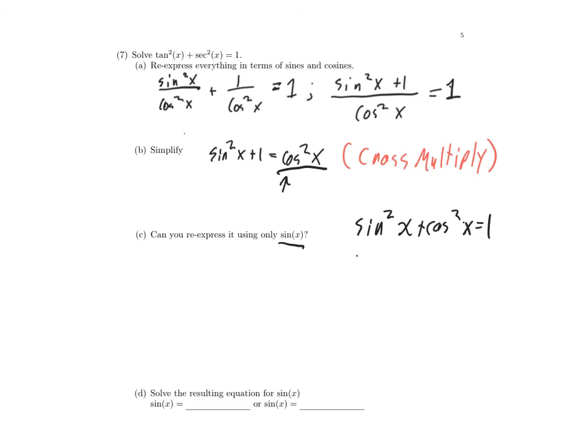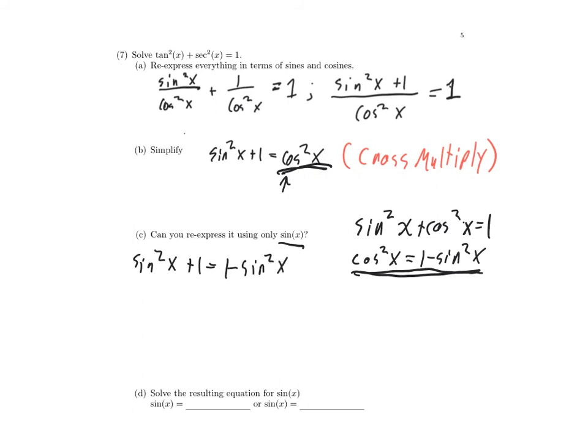So let's do that. It will reduce to cosine squared of x equals 1 minus sine squared of x. I'll replace cosine squared of x with this. That will give me sine squared x plus 1 is equal to 1 minus sine squared x.